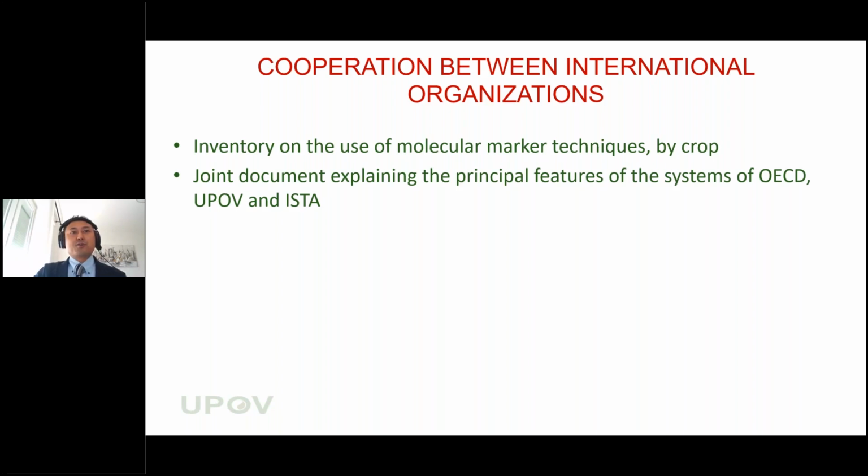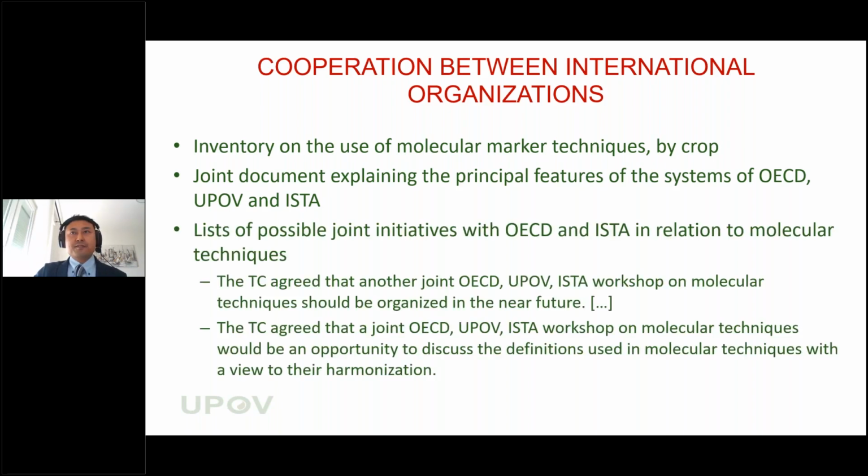There will be a report on joint documents explaining the principal features of the systems of OECD, ISTA, and UPOV. In addition, there is a list of possible joint initiatives with OECD and ISTA, such as a joint workshop to discuss the definitions of terminology using molecular techniques for future harmonization.